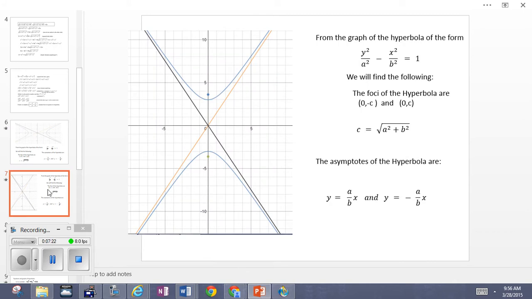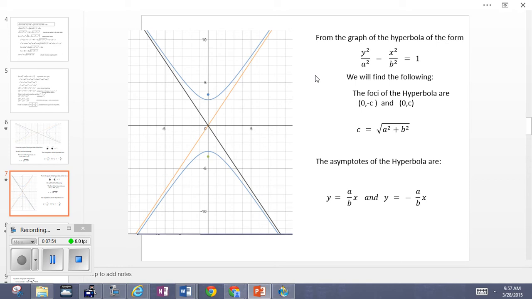We next turn our attention to the hyperbola oriented vertically, as is illustrated here, and as we will illustrate with the Desmos. How do we know if it's oriented vertically? Again, we try to find the intercepts, and if we try to find x-intercepts by setting y equal to 0, we're going to be red flagged, asked to take the square root of a negative, so that says there are none.